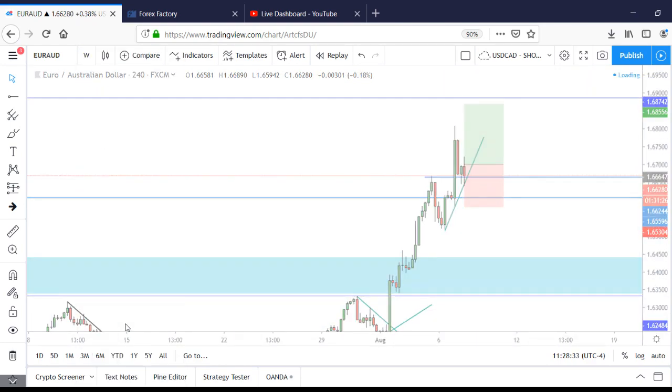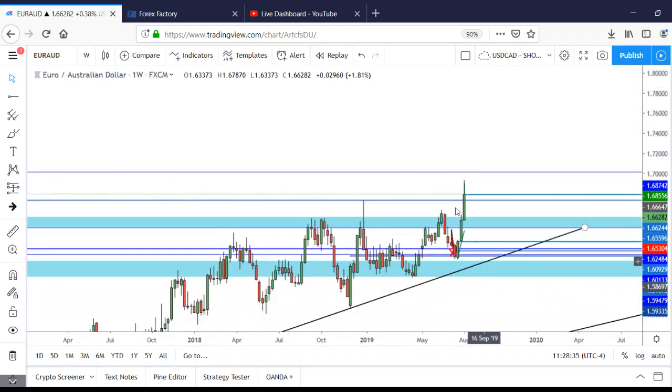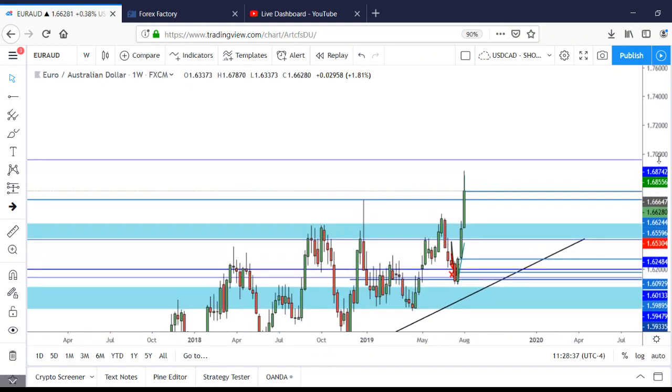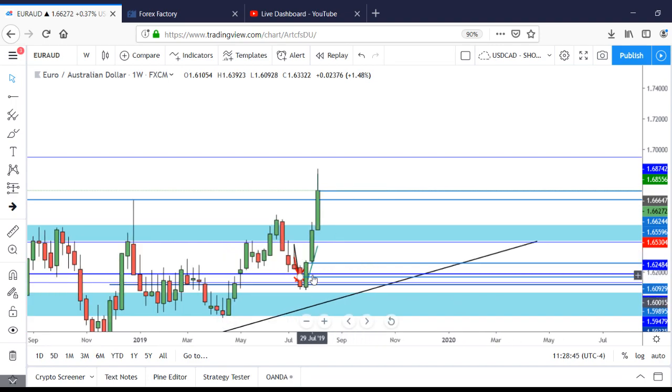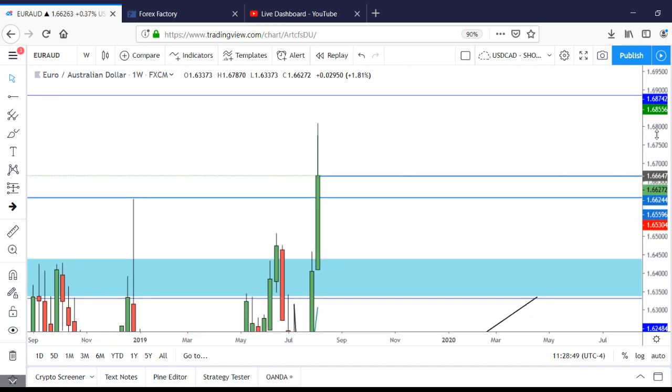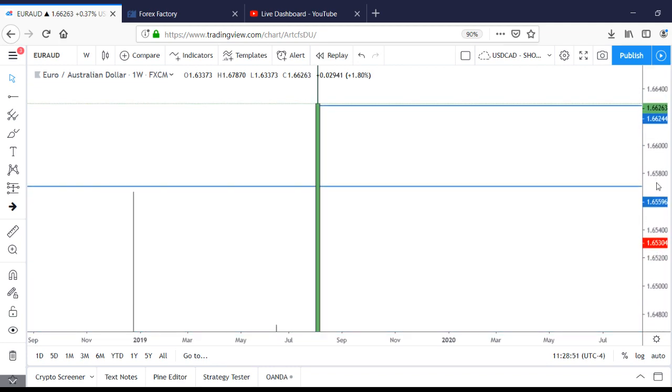The weekly time frame will show you. Looking at the weekly, the Euro Aussie has overextended quite a bit. What I mean by that is it has pushed through some key levels without really retesting them or having a major retrace. So maybe it's due for one. Let me expand this out. The Euro Aussie moves so much, so levels are pretty expanded, but it might make a deep retrace to 1.65600.